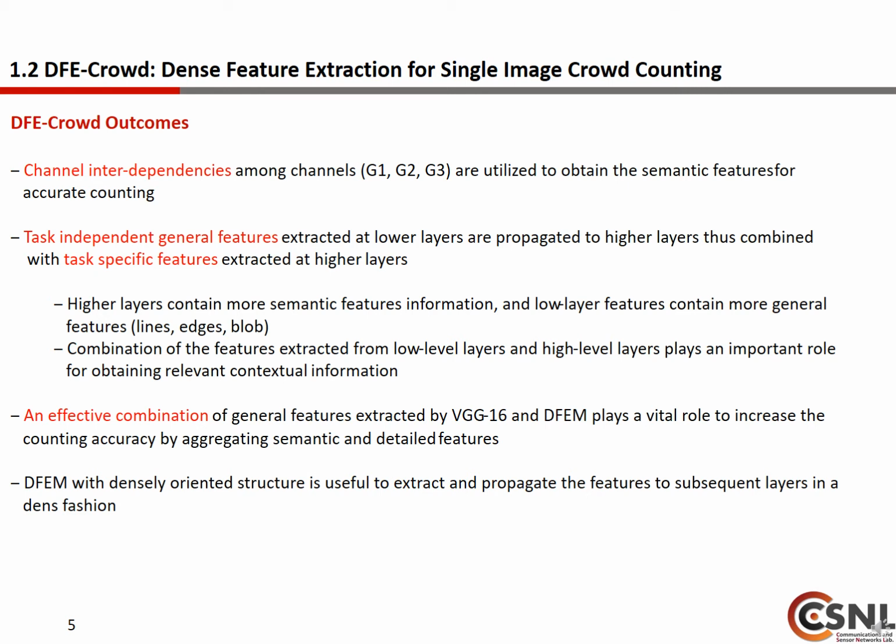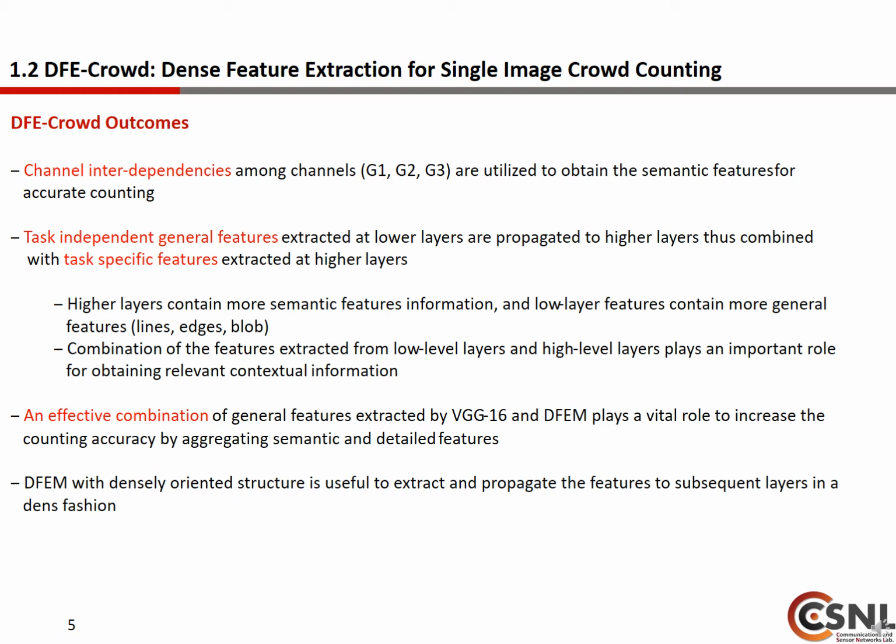Hence the spatial information present at the lower layers is propagated to the higher layers. In this way, the combination of the spatial information and the most semantic and relevant high level information is combined at the higher layers, which increases the accuracy.